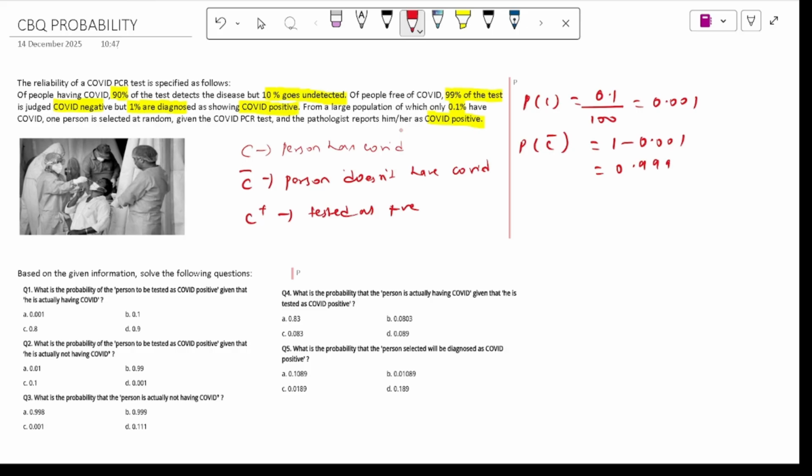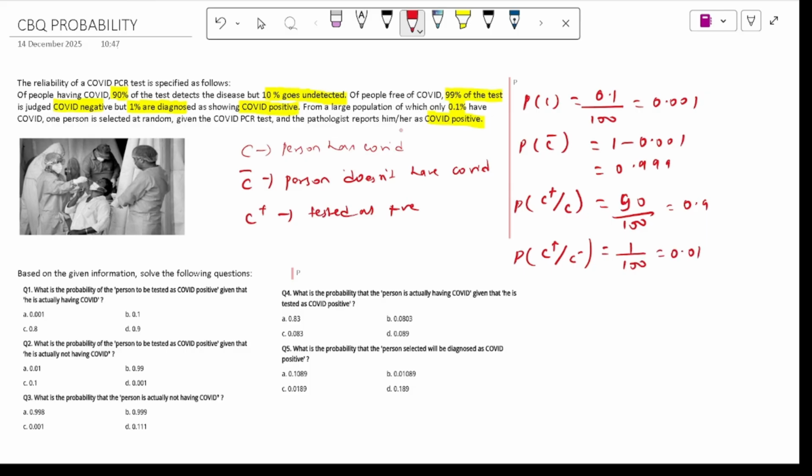Now the probability of testing positive when they are actually COVID patients is 90%, meaning 90 upon 100, which is 0.9, and the probability of testing positive when they are not COVID patients is 1%, meaning 1 upon 100, which is 0.01.